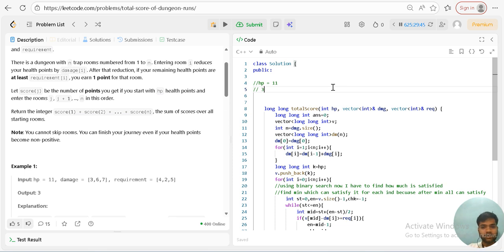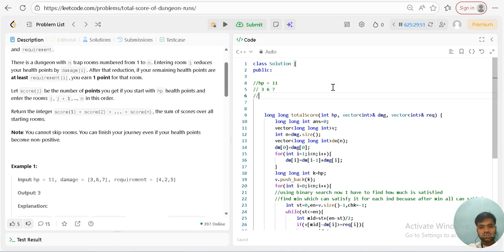Okay, so 3 6 7. We start at the first room, we can call it the 0th room.